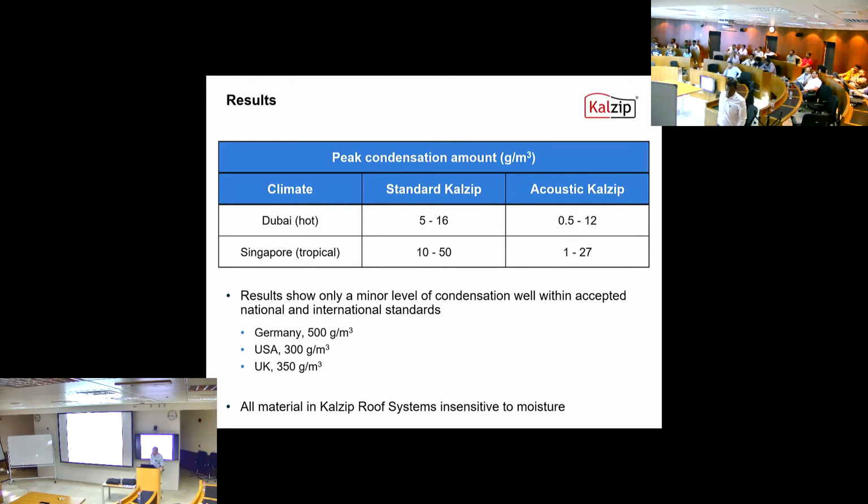And you can see there the results show this minor level of condensation does occur, but it's well within acceptable international standards. So again, from a condensation risk point of view, the Amana DIP system performs well in a whole variety of different climatic situations.